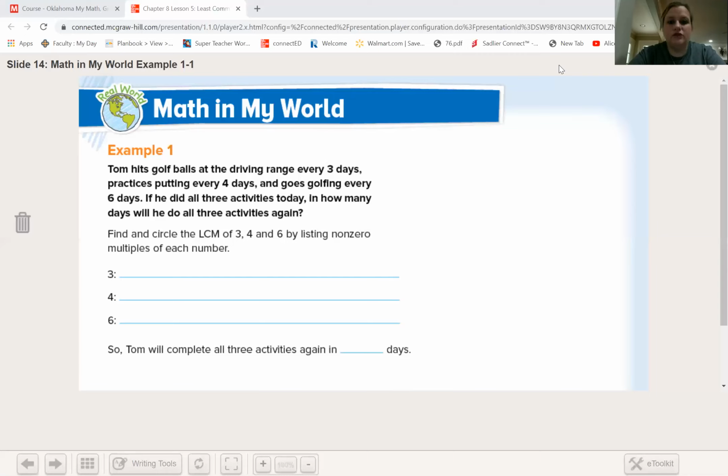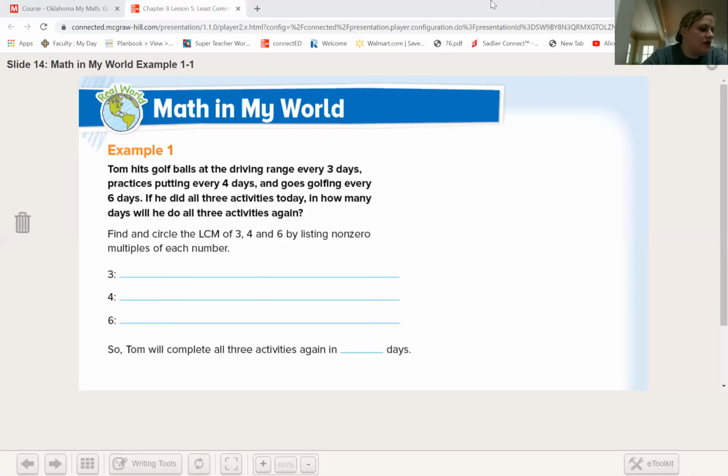And 2 times 2 is 4, 2 times 3 is 6, 2 times 4 is 8, and 2 times 5 is 10. Those are multiples of 2 because they are a product of 2 times another number. So the least common multiple is the lowest multiple, the lowest product, that two or more numbers share.